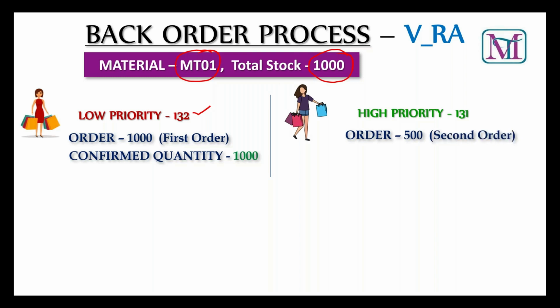So suppose we got a request for the high priority customer and the quantity is 500, and here the confirm quantity will be 0 because we have 1000 as stock and 1000 stock is reserved against this sales order and customer. So for the next sales order, confirm quantity will be 0.